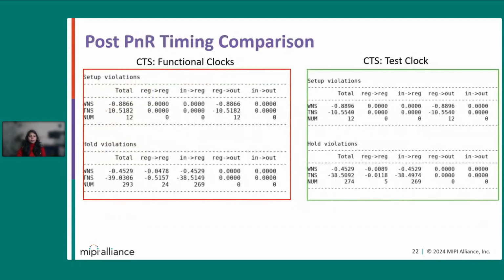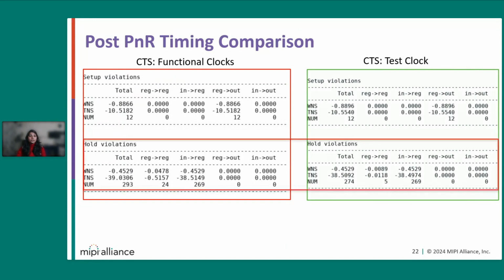Since we completed the implementation in the two previously discussed cases, we can now compare the timing violations after the physical implementation. If we compare the timing results of the two different cases, we see that the internal setup timing is well met in both, and it doesn't warrant any further analysis.